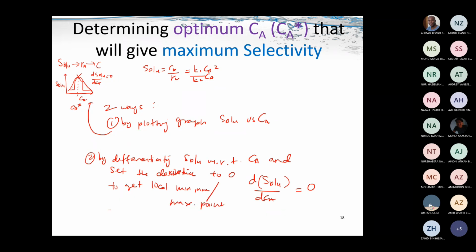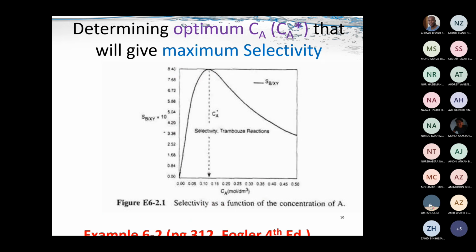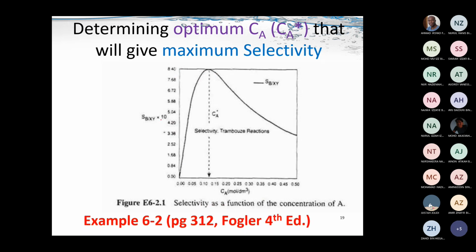Okay, in order for you to solve the CA value. Okay, so nanti saya akan ajarlah macam mana nak get that value. Okay, so let's say we have this one. Okay, so this is selectivity versus with the CA. Okay, so sekarang ni kita akan letak B over with X dengan Y. Okay, so daripada sini, we have a SDU is equal to RD over with the RU.